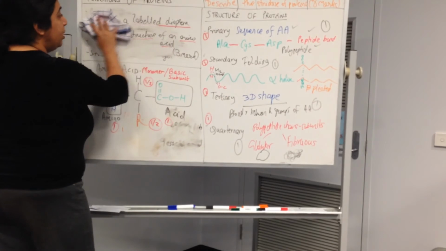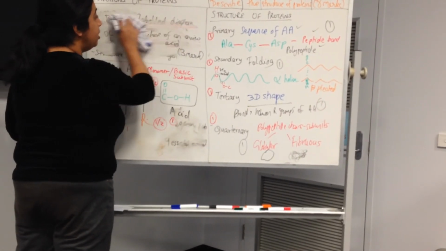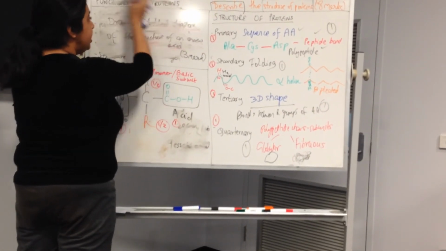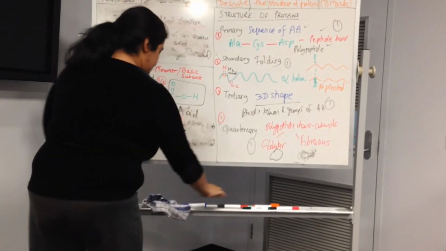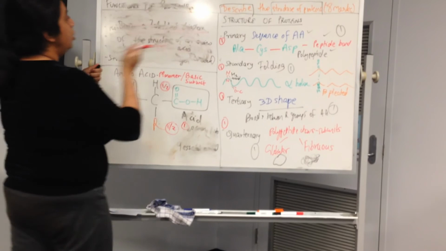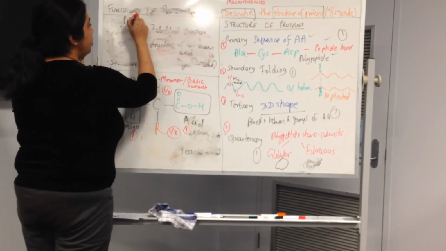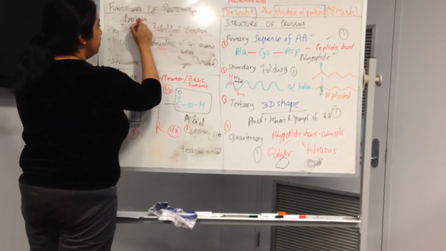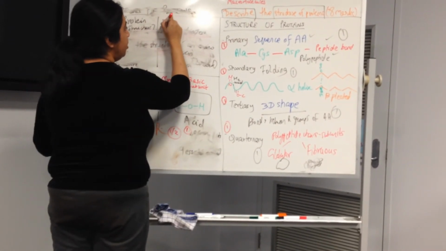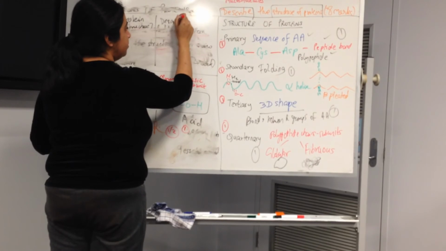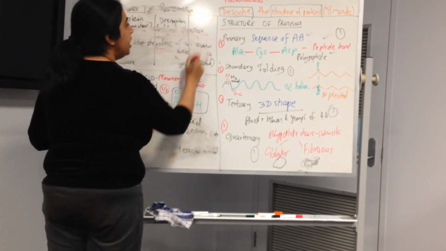What you can also do, just so that you're not getting overwhelmed, is organize your information in a table like this. What you can say over here is protein structure. That's one column. Then you've got your description, and you have your diagram.